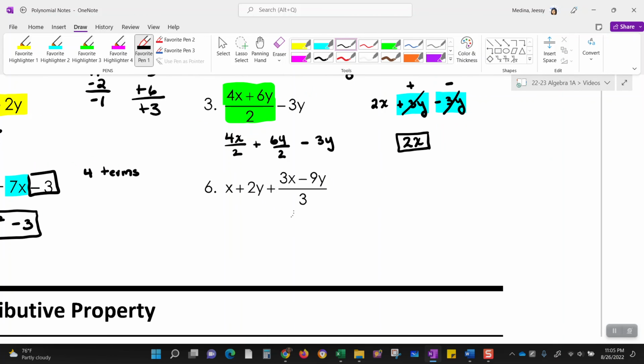Right, once again, multiple things going on. The first thing you want to do is you want to simplify. You want to get rid of your parentheses or your fractions if possible. And in this case, we have an x, we have a y, but we also have x and y in here. So let's go ahead and split this fraction. Each of them gets an over 3.